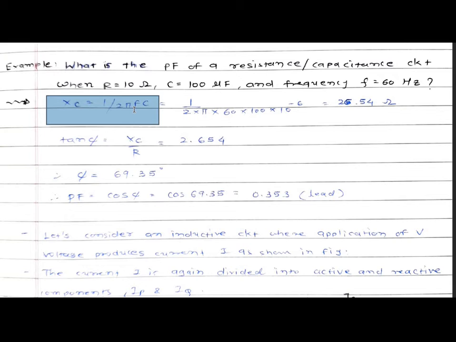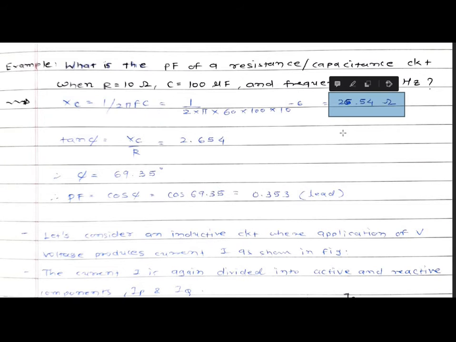Putting in the values, we get 1 upon 2 pi multiplied by 60 frequency multiplied by 100 microfarad, which means 10 raised to minus 6. By solving this, the capacitive reactance is 26.54 ohm.